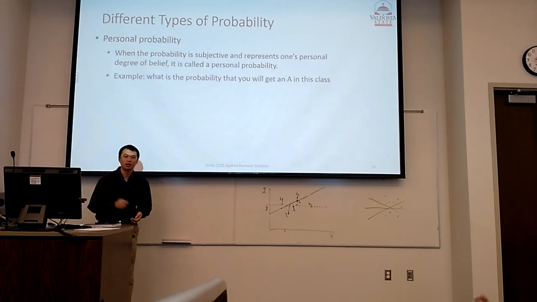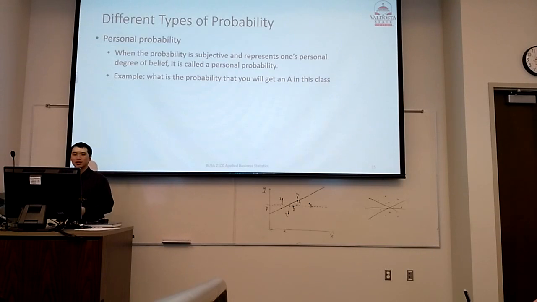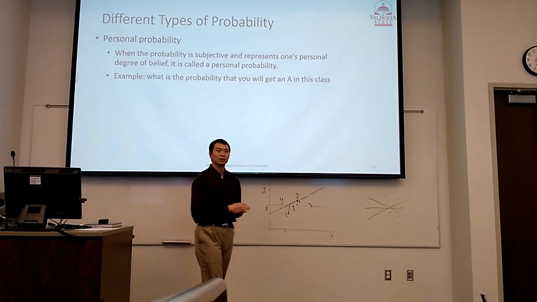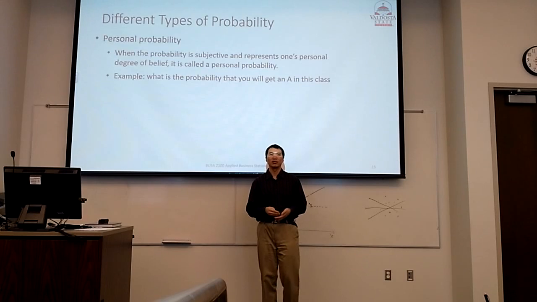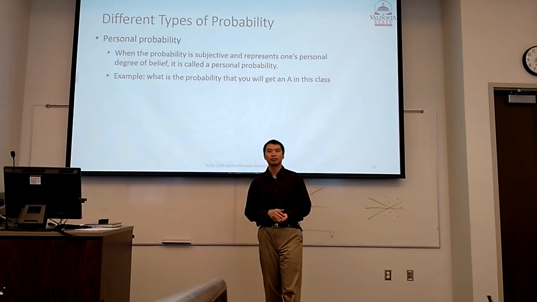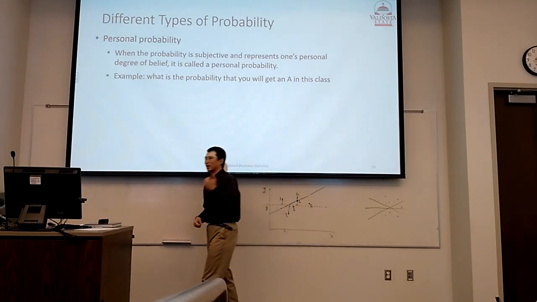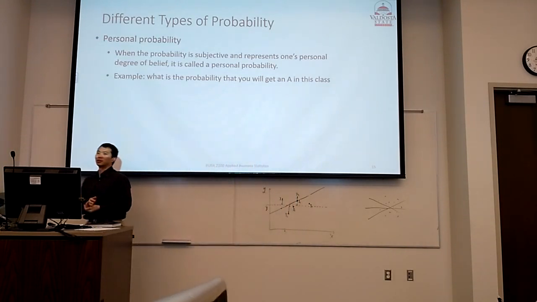The third one is personal probability. When the probability is subjective and represents one person's personal degree of belief, it is called personal probability. For example, what's the probability that you will get an A in this class? If I say 90% or 80% or 100%, that's the personal probability.